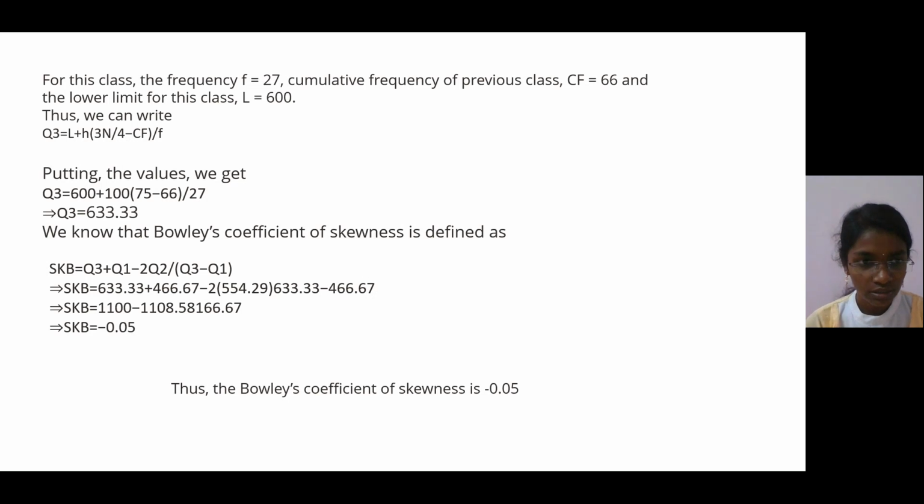We have got minus 0.05. Thus we can say that Bowley's coefficient of skewness is minus 0.05 and it is negatively skewed.